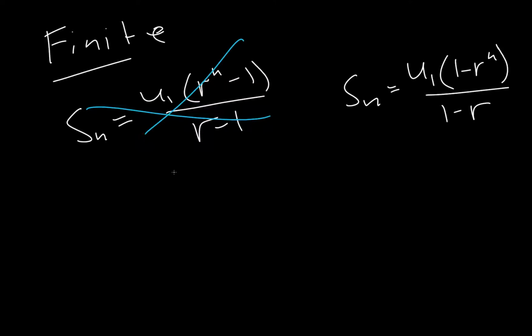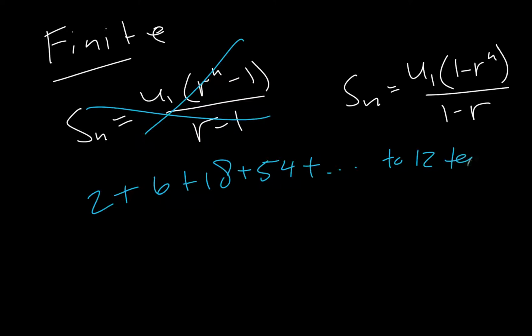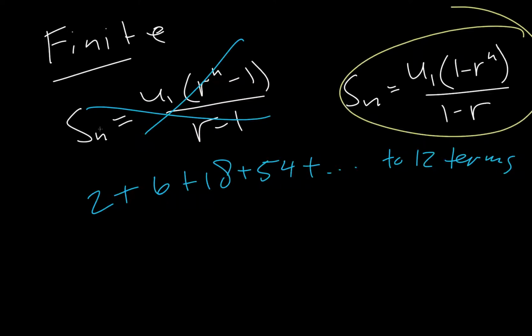Now if we go to example 28, it says find the sum of 2 plus 6 plus 18 plus 54 plus ... and it wants us to go to 12 terms. So we use our equation here. We're trying to find the sum out to 12 terms.